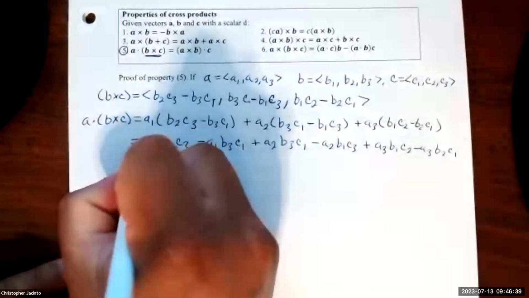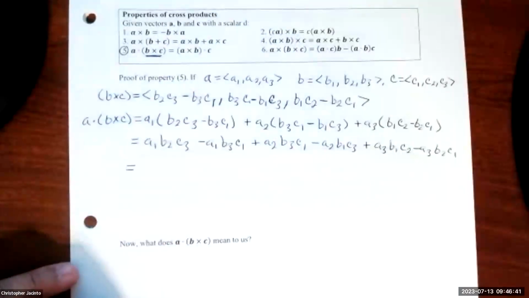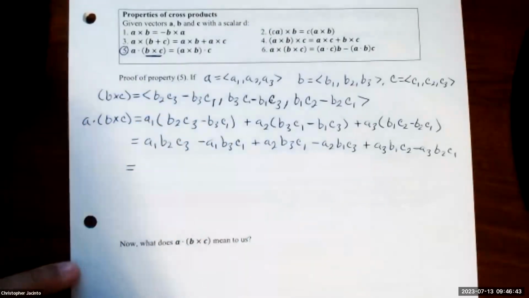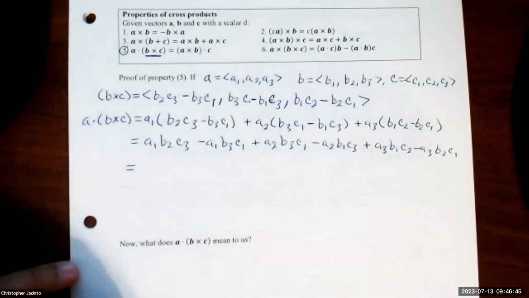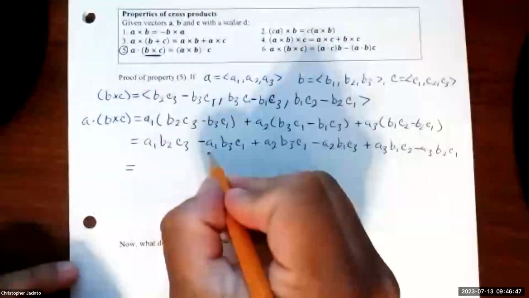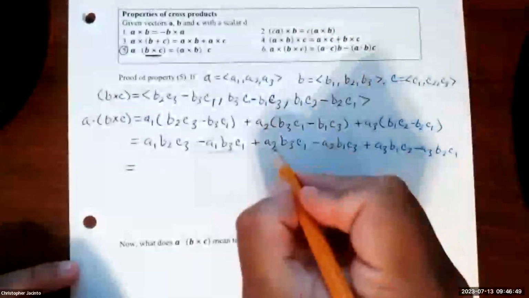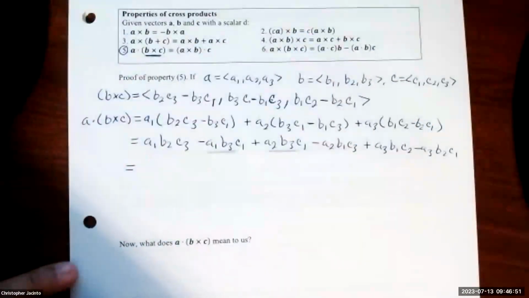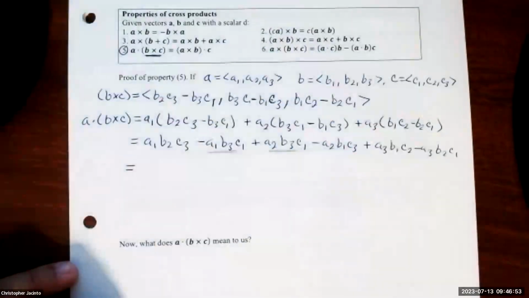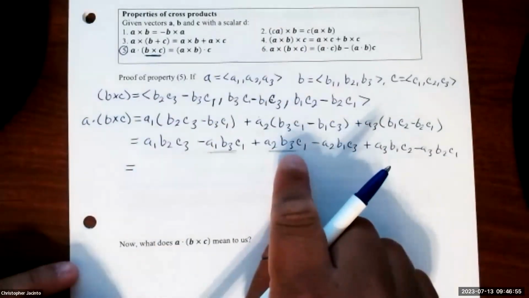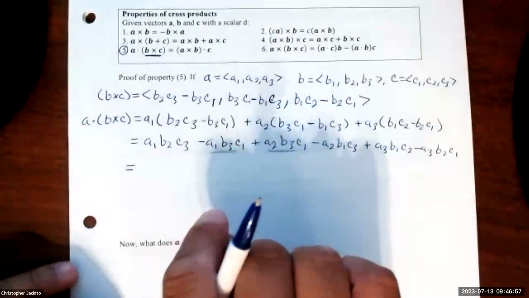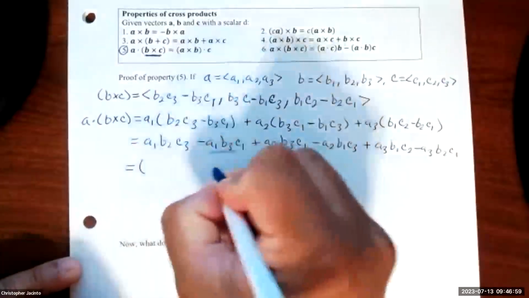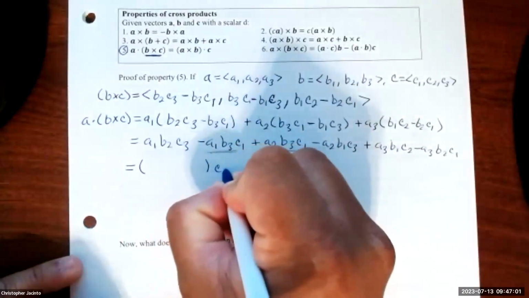And now, rearranging stuff. So in other words, if I look at all the C1s, so I have C1 here and C1 there. And if I just put them together and factor it, I just do this.